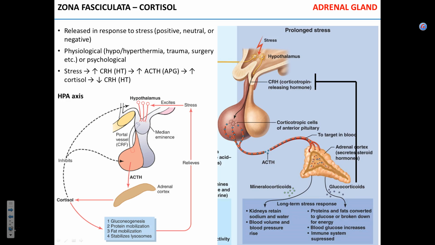Let's see, first of all, the axis here. So you have hypothalamus. Does anyone remember which brain part? Well, hypothalamus is the part of what structure? It's diencephalon. Hypothalamus is a part of diencephalon, so it's a part of the brain.